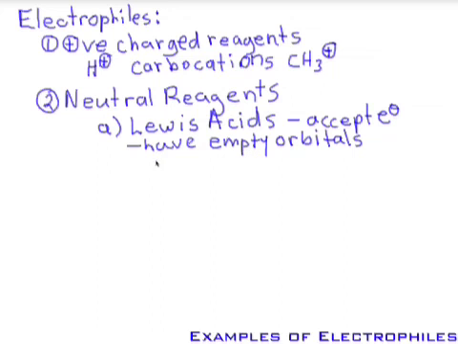Examples of these, of course, are AlCl3, BF3, BH3, and others. Another example of neutral reagents are polarizable molecules.